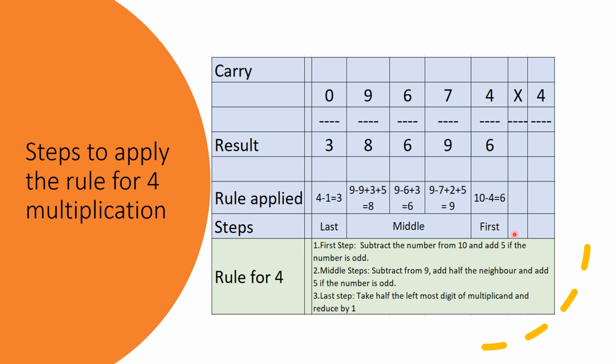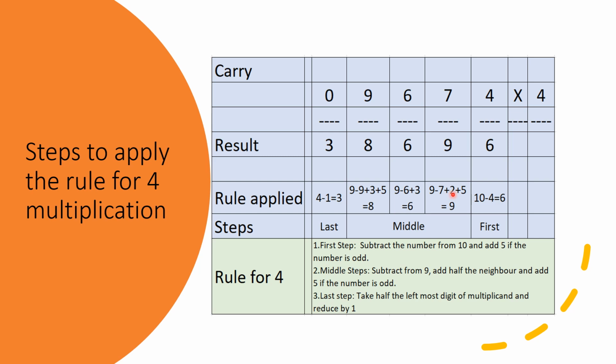For the first step, as mentioned, subtract the number from 10 and add 5 if the number is odd. Since the first digit is 4, an even number, we are not going to add 5. So it is just subtracted from 10 and it is equal to 6. Going to the next digit, this is a middle step, so subtract the number from 9, so 9 minus 7, plus half the neighbor.